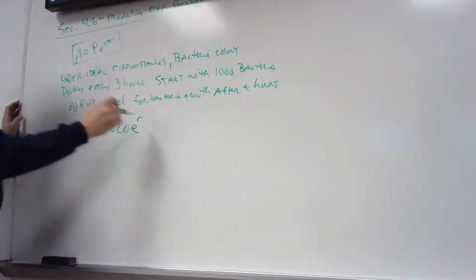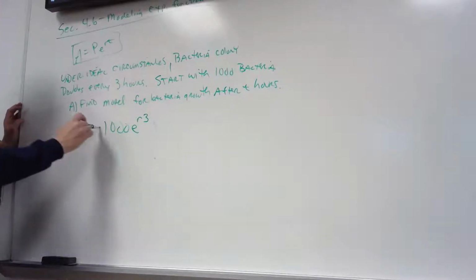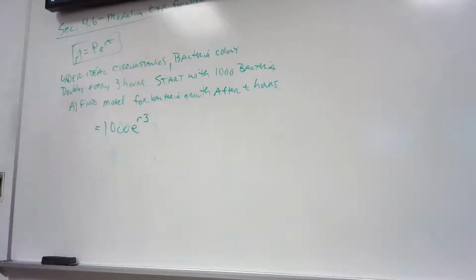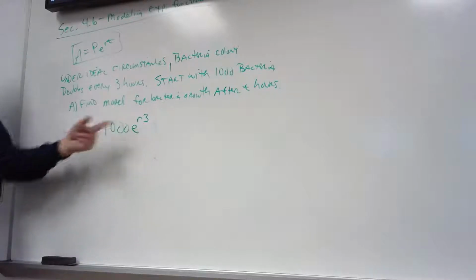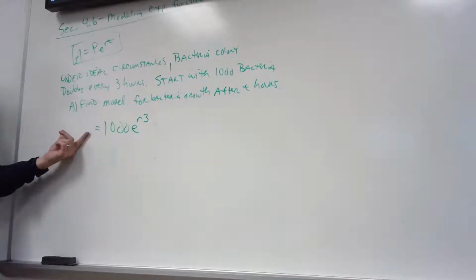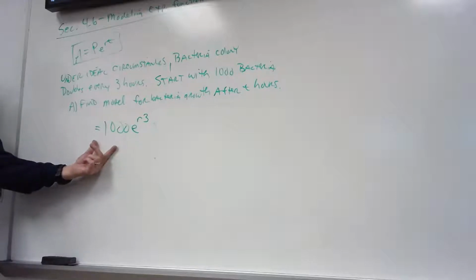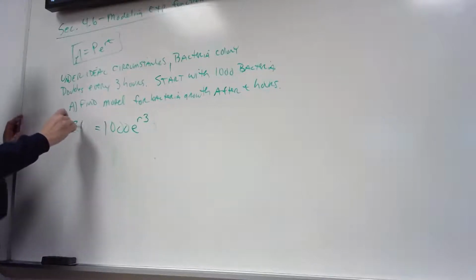So if my time is 3 hours, how much will I have? If it doubles every 3 hours, how much am I going to have? I start with 1,000. 2,000. I'm going to have 2,000.